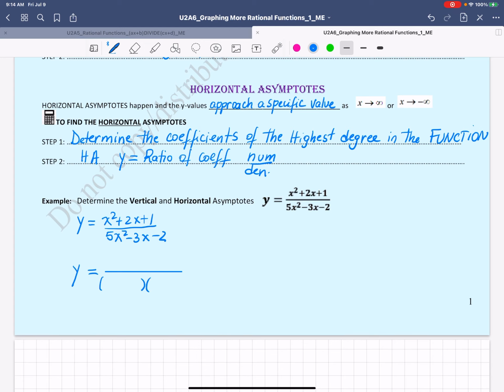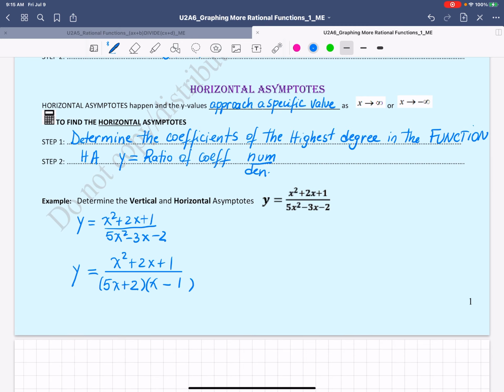And it seems that this is factorable because I can find two numbers that multiply to 5 times negative 2, negative 10, and add to negative 3. So I will start with 5x and x, and we'll say that here we're going to need a negative 1, here a positive 2. So that would be 5x squared minus 5x plus 2x will give negative 3x, and the product is negative 2.